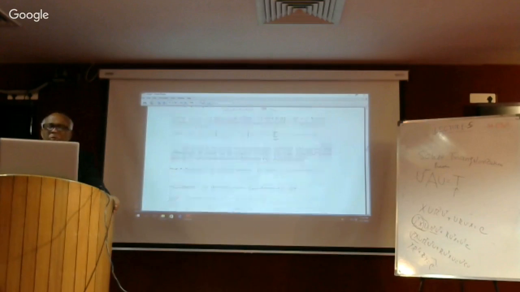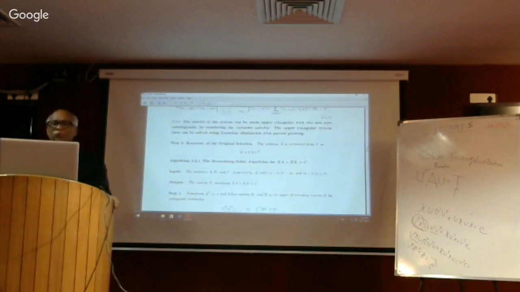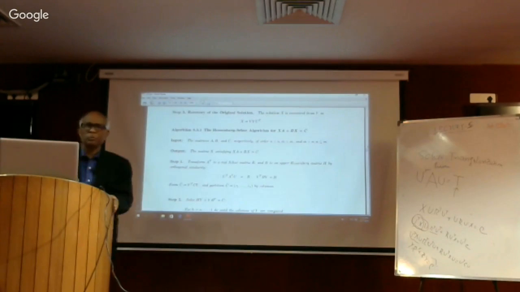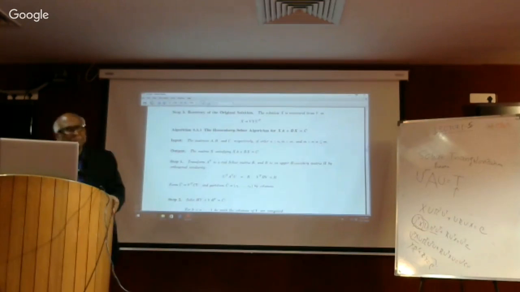This is the standard algorithm now to solve Sylvester's matrix equation. And you can now see that the Schur algorithm for the Lyapunov matrix equation is just a special case.